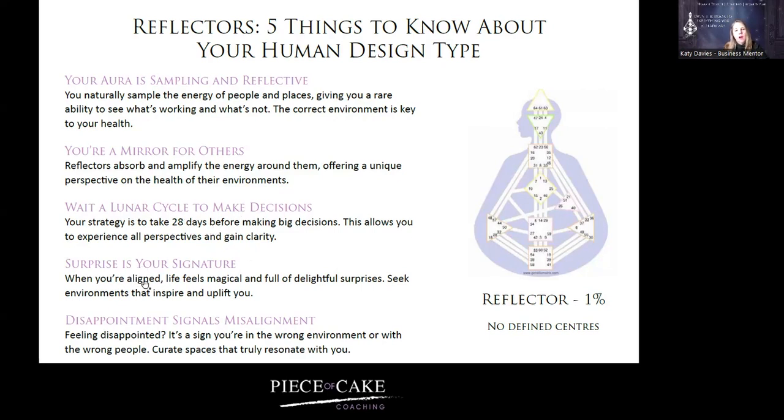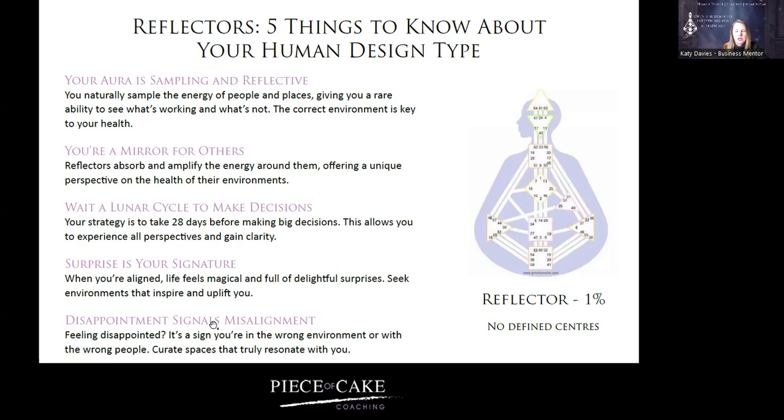Now, when you are aligned, you are likely to feel surprised because, like I said, you have this beautiful gift of being able to sample all of these different things. And when you find yourself in the right environments and following the right path, it will feel magical.